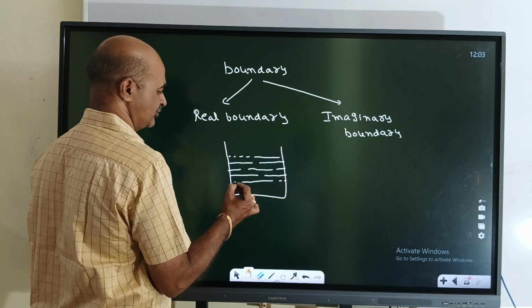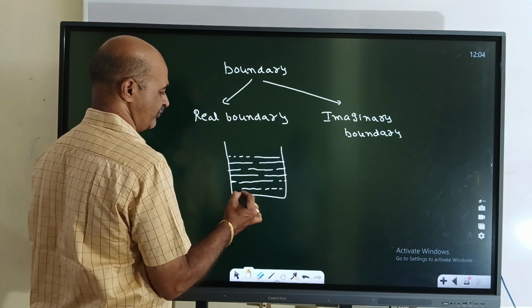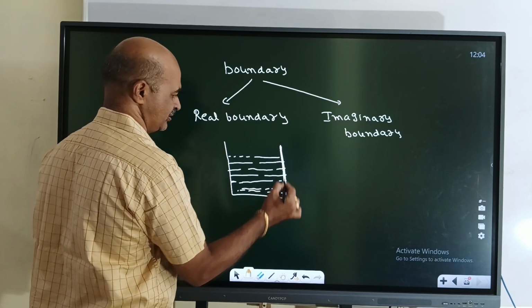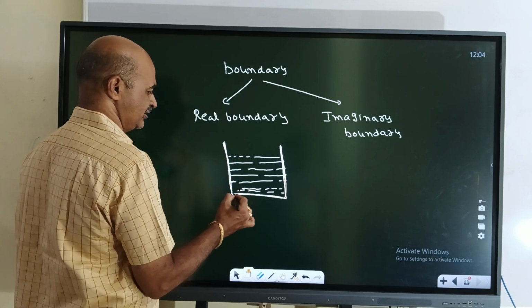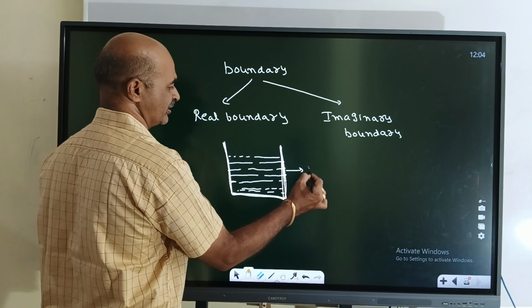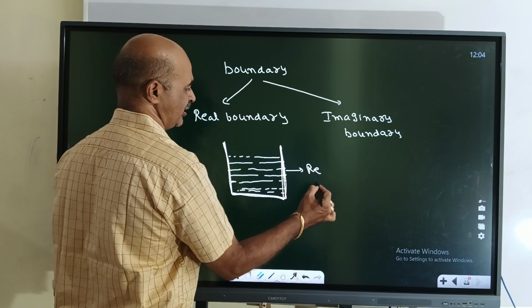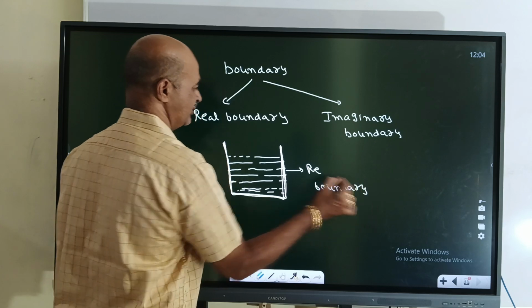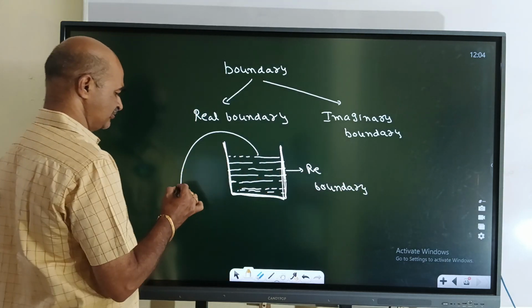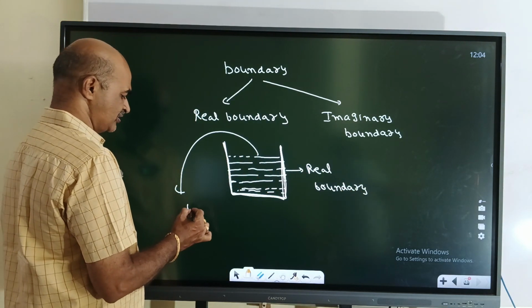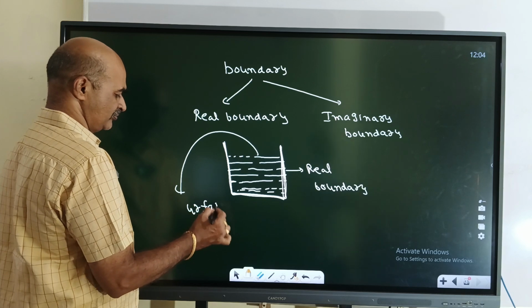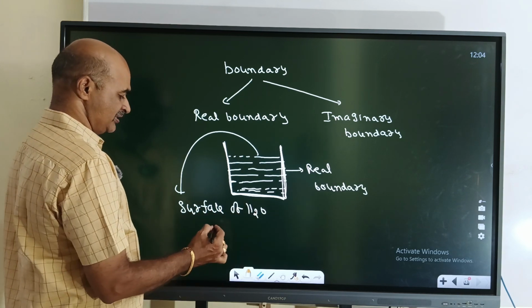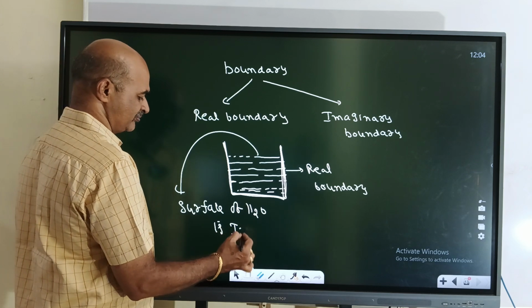This thick wall is the real boundary. The surface of water is the imaginary boundary.